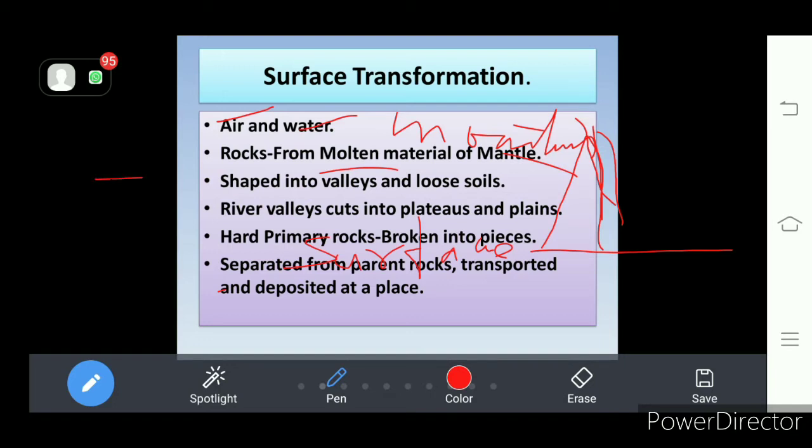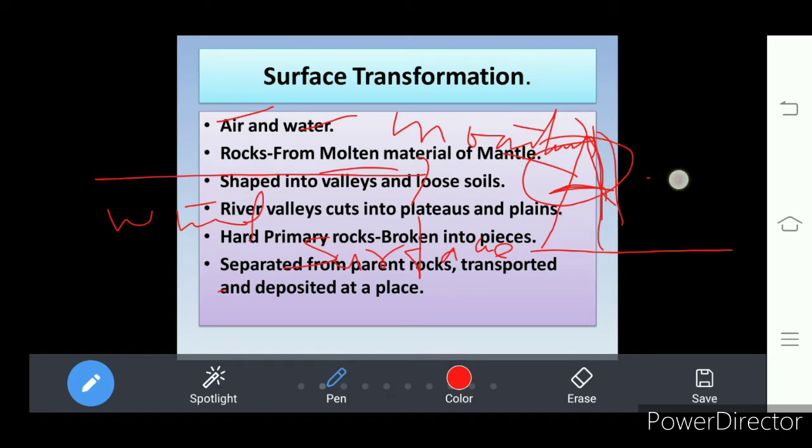When the wind blows horizontally in this direction, that is the air, it also works on this mountain, and this mountain is shaped and changed in size into another one, that we call plateau. The broken particles of the mountain are carried by wind and water and deposited here.